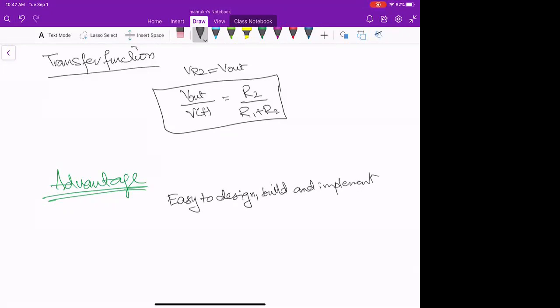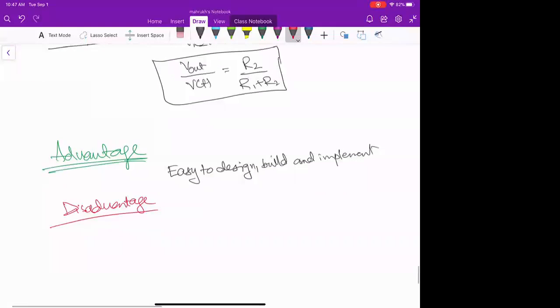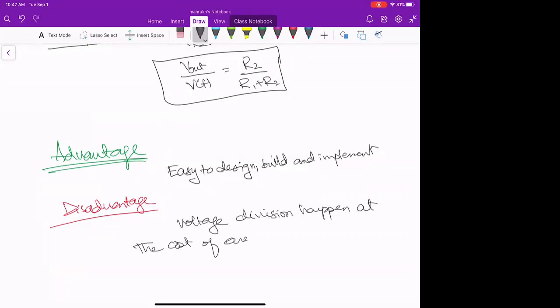Okay. What is the disadvantage? Voltage is dividing, or you are controlling division by voltage drop, right? So voltage division happens at the cost of energy dissipation.